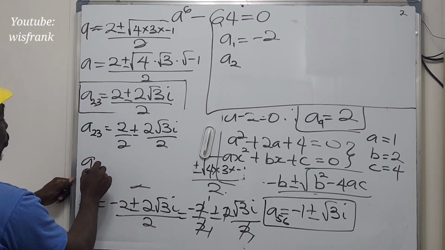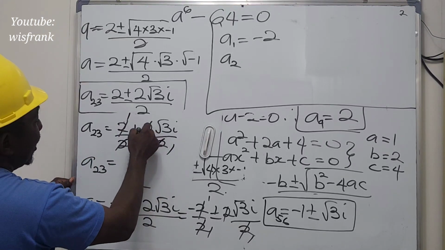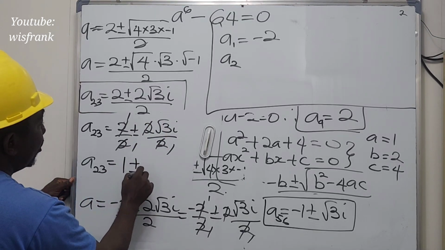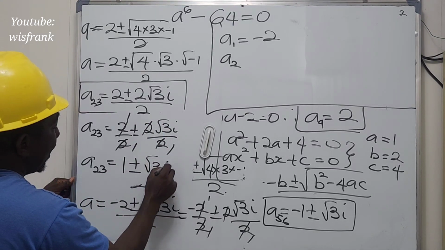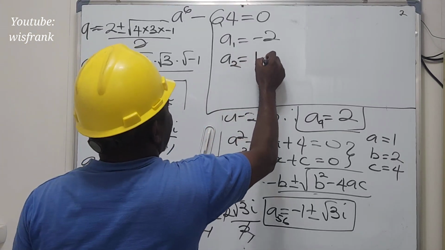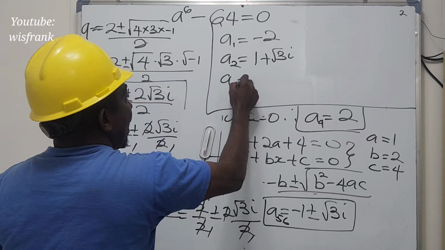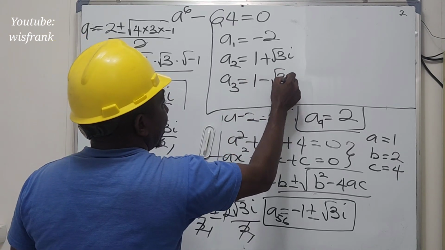The 2s cancel, and we have 1 plus or minus root 3i. So a2 is 1 plus root 3i, then a3 is 1 minus root 3i.